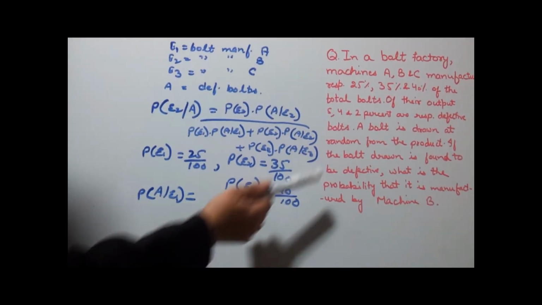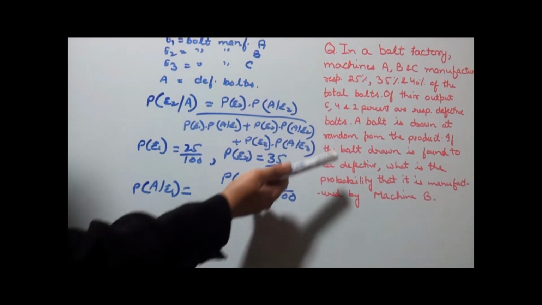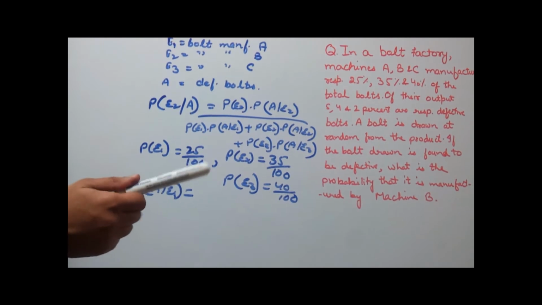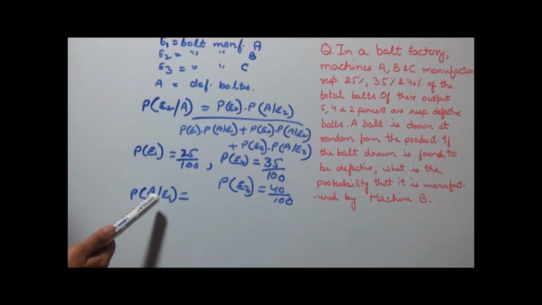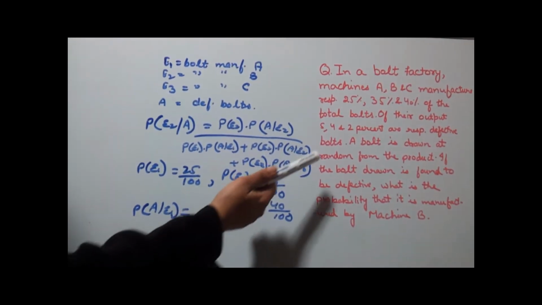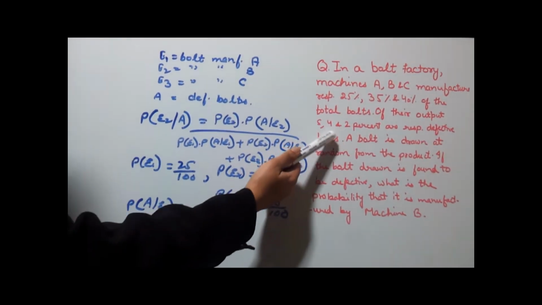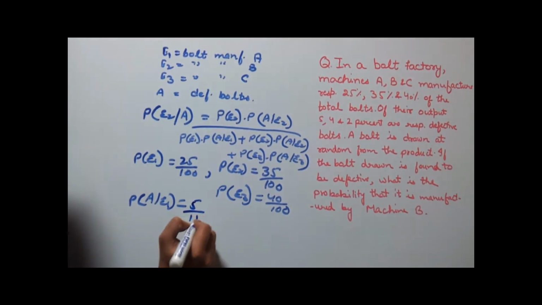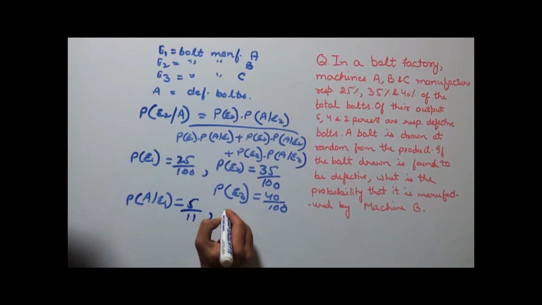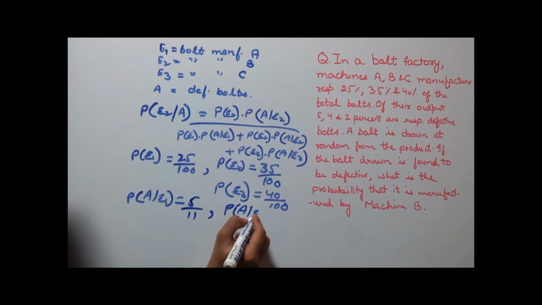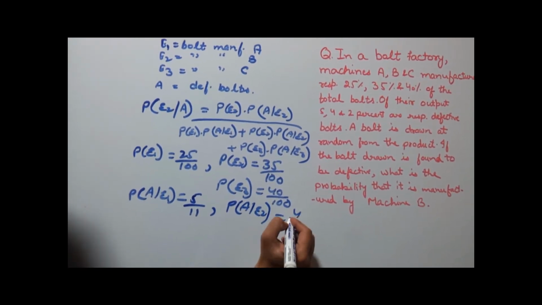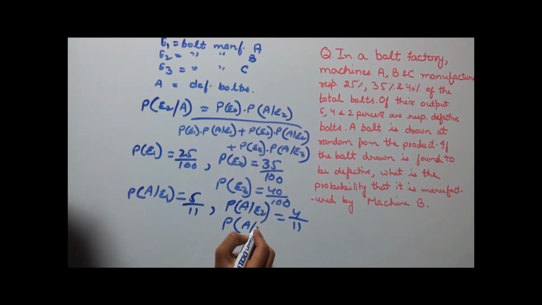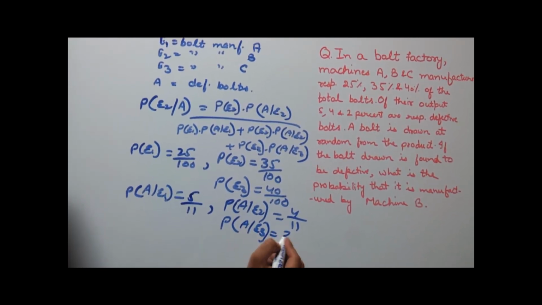Here of their output 5, 4, 2% are respectively defective bolts from machine A, machine B and machine C. So probability of A given E1 would be 5 by, how many bolts are there? 5 and 4, 9 plus 2, 11. That is 5 by 11. Probability of A given E2 would be 4 by 11, and probability of A given E3 would be 2 by 11.